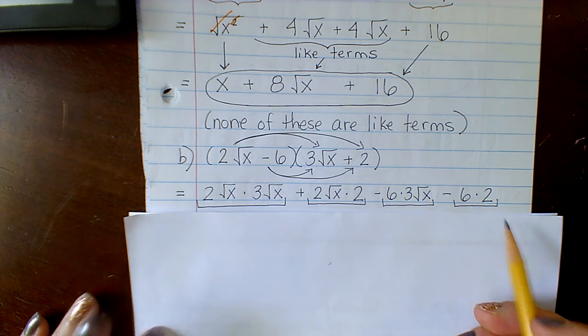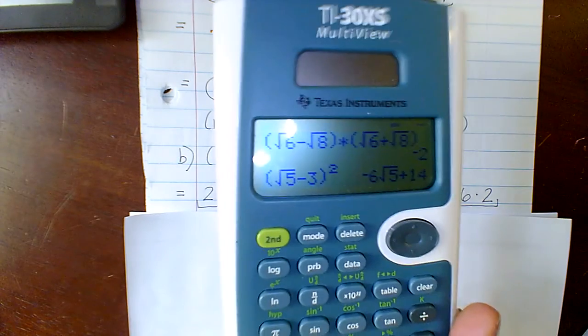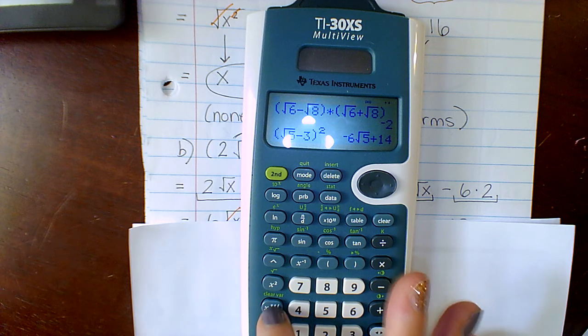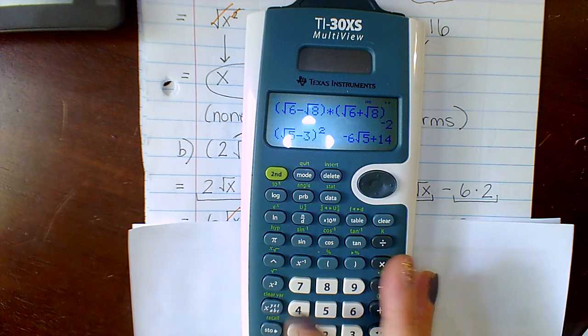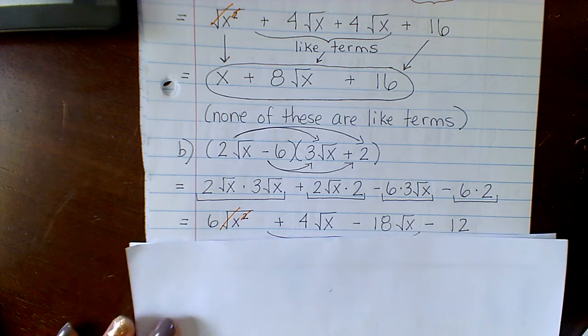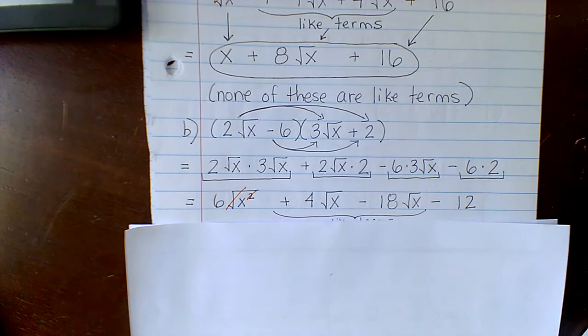You can't use your calculator for this. I know you might be thinking, oh, well, I'll just use the calculator because it has an x button. No, no, no. That x button is only going to replace x with whatever number is stored in there for it. It doesn't do variables like that. So you guys know I'm going to show you how to use the calculator if it can be done. I'm not holding back on you, I promise.